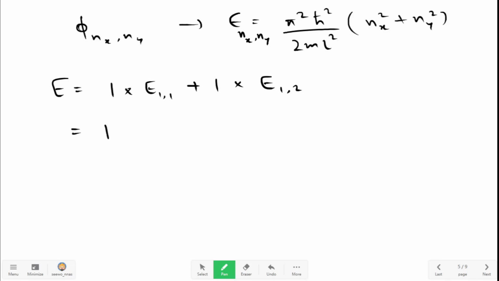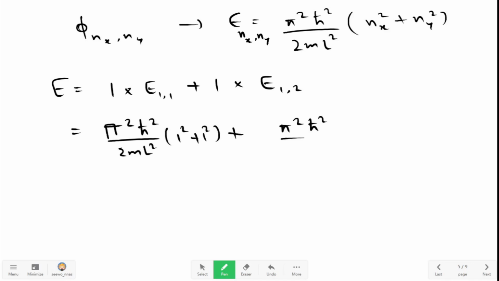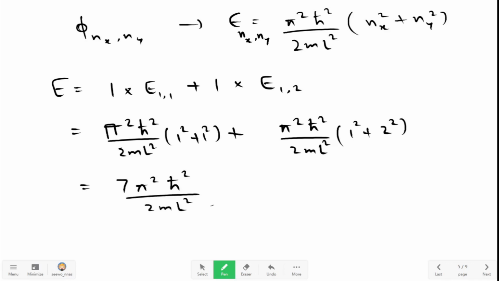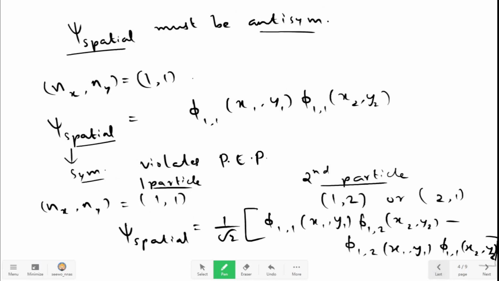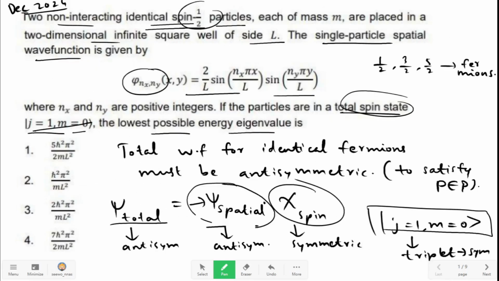E11 is pi square h bar square divided by 2m L square times (1 square plus 1 square), plus E12 is pi square h bar square divided by 2m L square times (1 square plus 2 square), which is equal to 7 pi square h bar square divided by 2m L square. Therefore the correct option here is option 4.